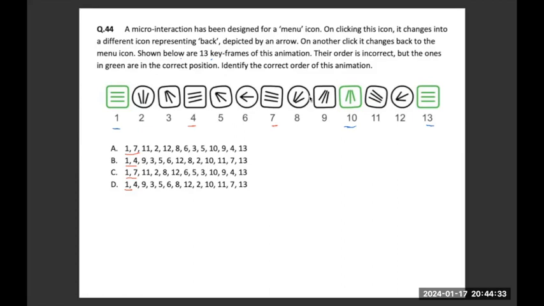After that, it's 11 or 9. 9 or 11. Just give me 1 minute. 10, 9, 10, 11.